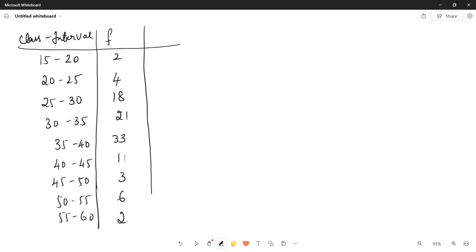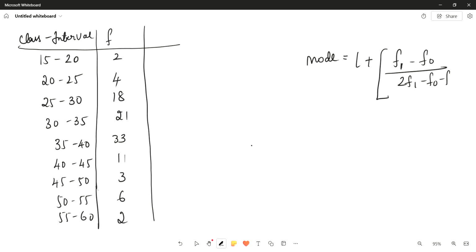So we have to now calculate the mode. Okay. So what is the mode formula? Mode is equal to L plus F1 minus F0 by 2 times F1 minus F0 minus F2 into H. Okay. So mode means what?